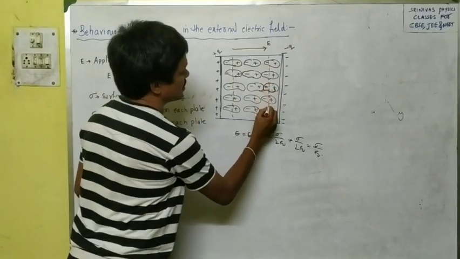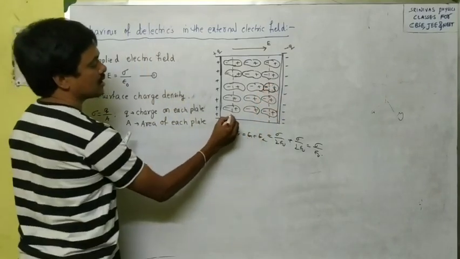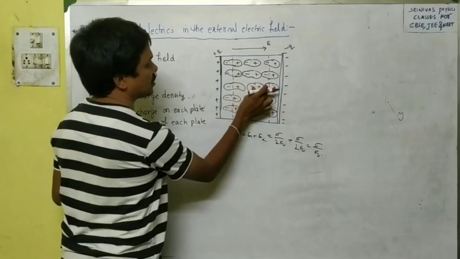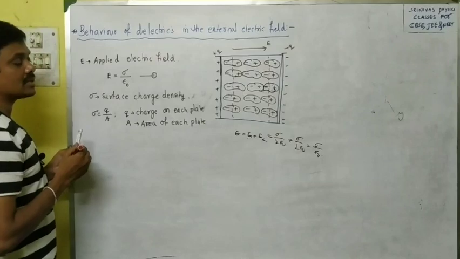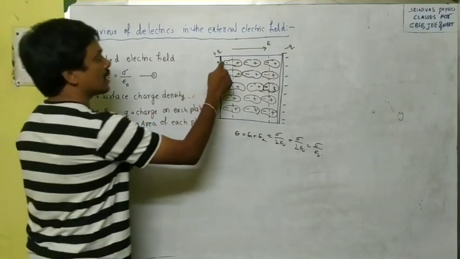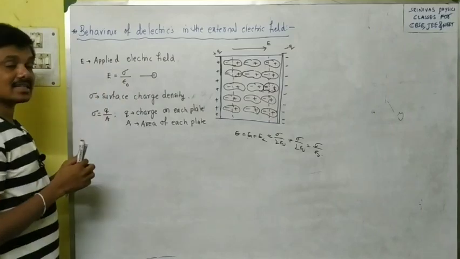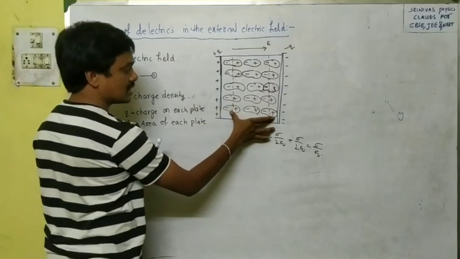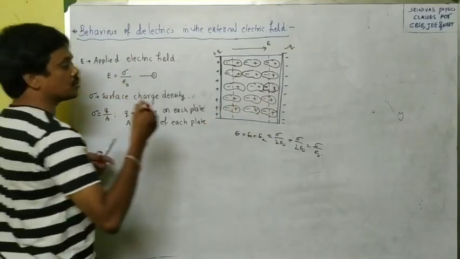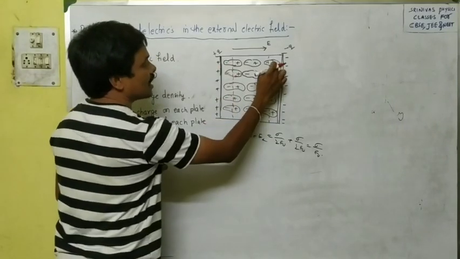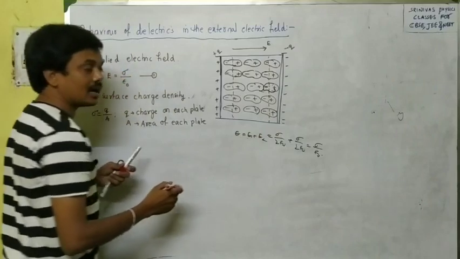Look here. In the interior, the positive and negative charges cancel, but at the surface a negative charge is there on one side and a positive charge on the other, and these will never cancel because there is some separation. Due to this, negative charge is induced on the left side and positive charge on the right side.